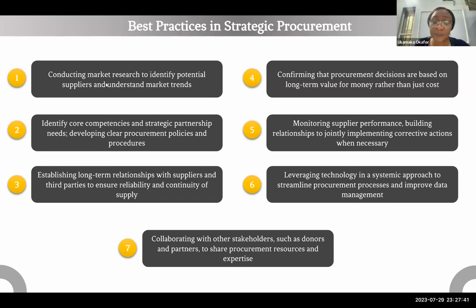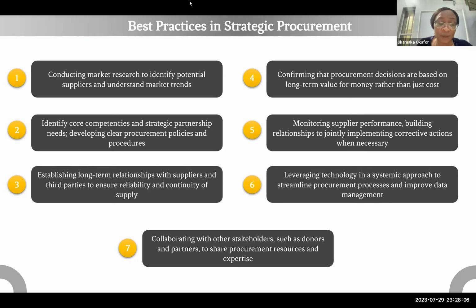And item 6, leveraging technology in a systemic approach to streamline procurement processes and improve data management. So this is a technology era. So every procurement process, especially the strategic procurement, has to leverage technology in order to manage its data very well.